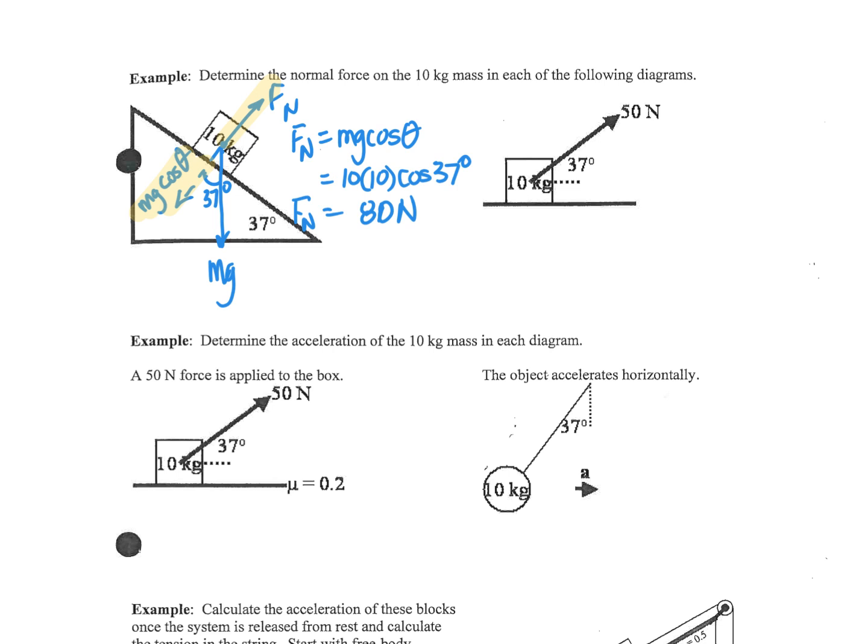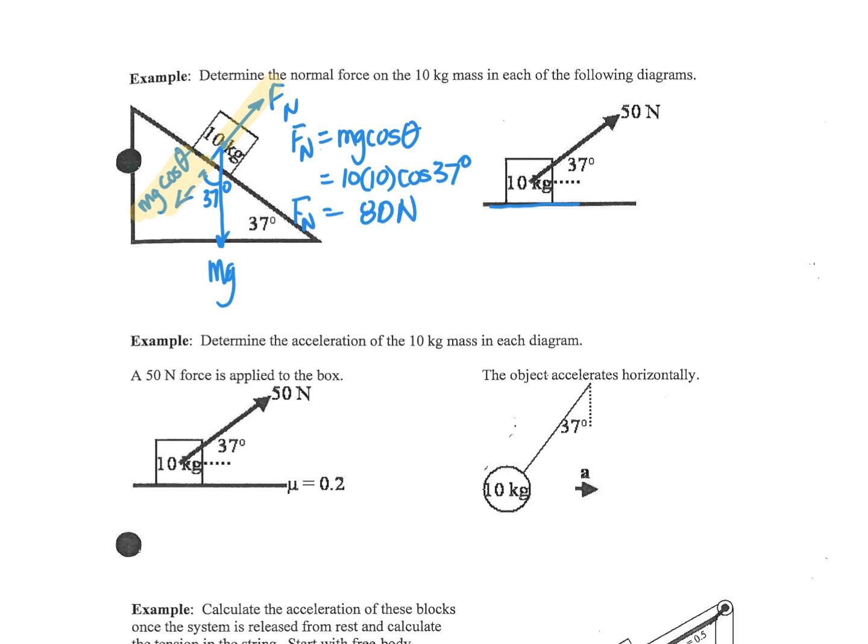Now, how do we find this guy? Let's assume we have friction in the second one, just to make it easy, or harder, I don't know which you want to consider. So what do we have?